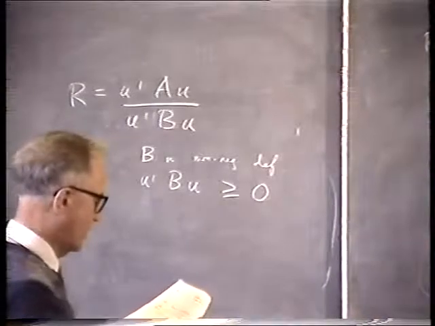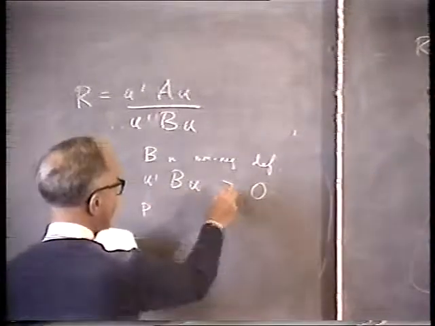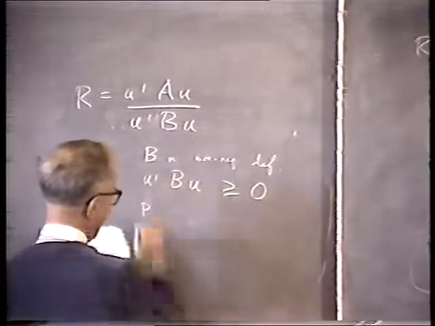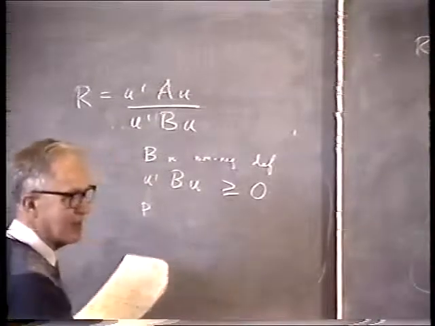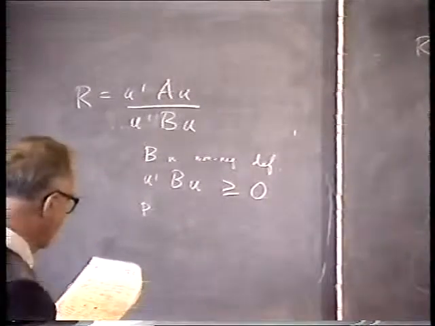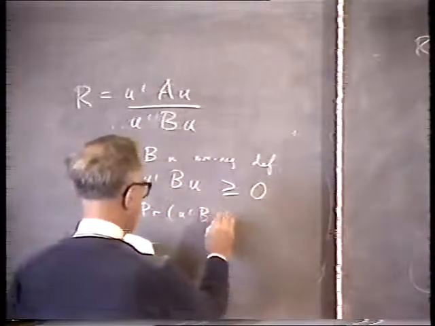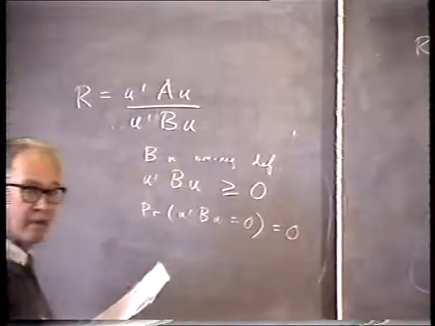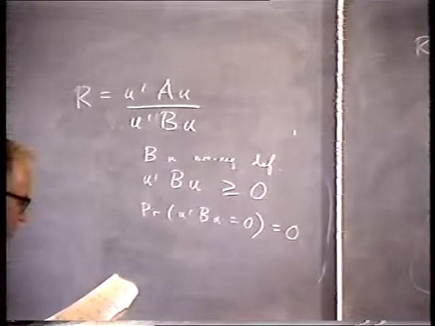That is certainly true, that as you say, it doesn't very much matter that we're allowing the thing to be 0, because if the u's have got a continuous distribution, they certainly have if they're normally distributed, then the probability that u prime B u equals 0 is obviously equal to 0. So it doesn't affect the distribution.